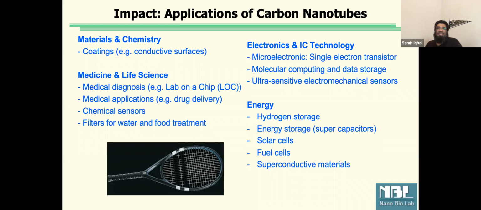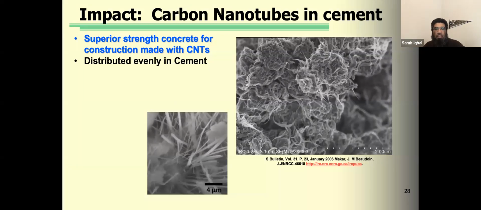Yeah. So we are using them in solar cells. We are using them in bicycles. Their frames have carbon material in them, which makes them strong and lighter both. We have done some work in using carbon in concrete. So concrete on the road, for example, asphalt or sidewalks, they use concrete.